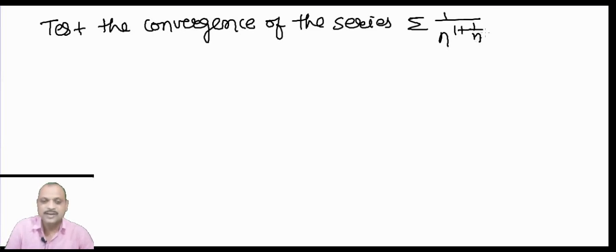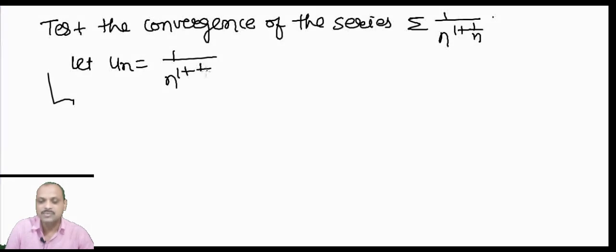So let me first write the nth term of this series. This will be 1 divided by n raised to 1 plus 1 divided by n. So this will be 1 by n into n raised to 1 by n.